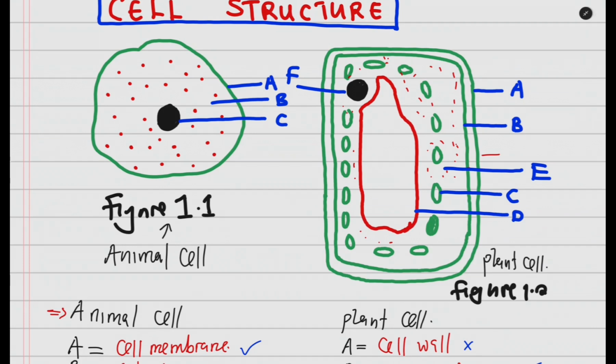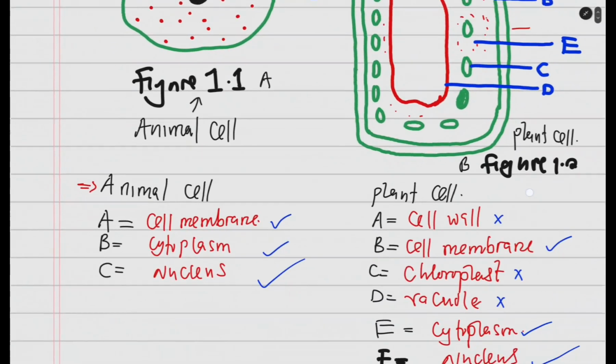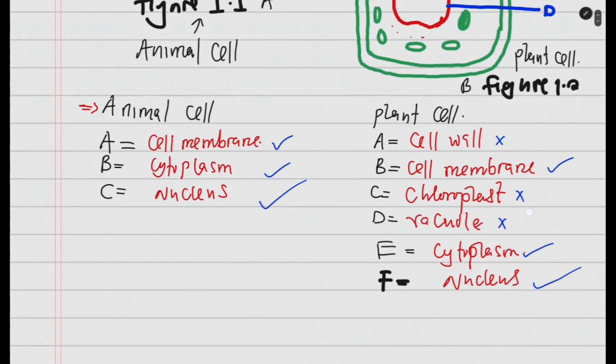And of course, the first question might be to identify the cell. That is, let's say this is A and that is B. Let's say identify cell A and B. When you identify them, then of course you might have a question asking you to label the parts, then give the differences between the 2 cells.